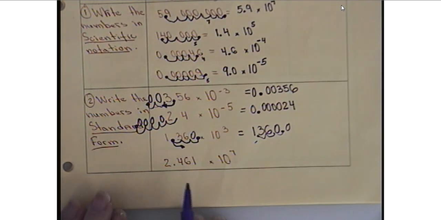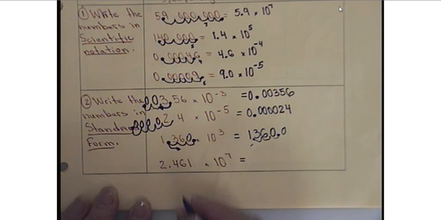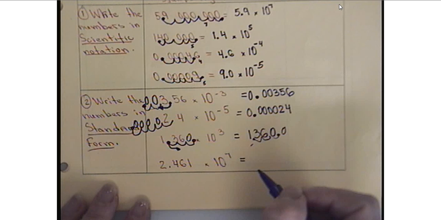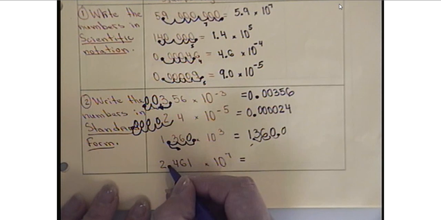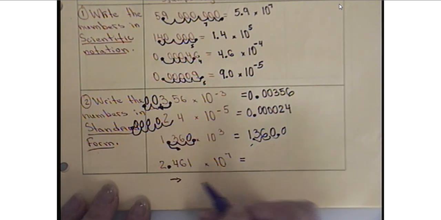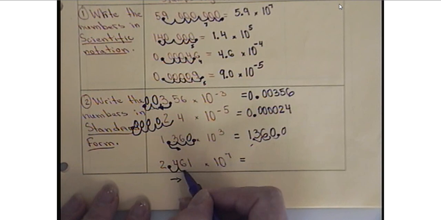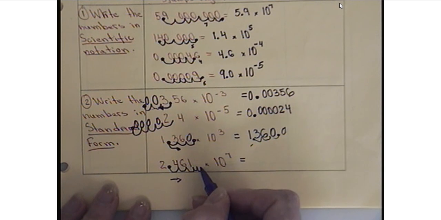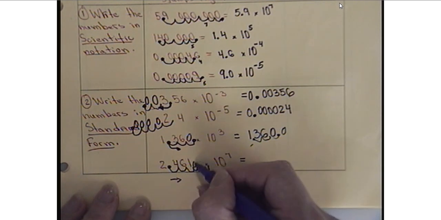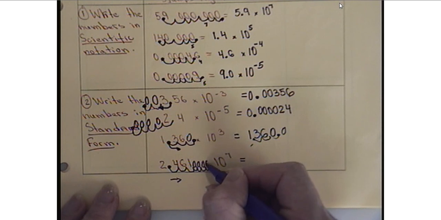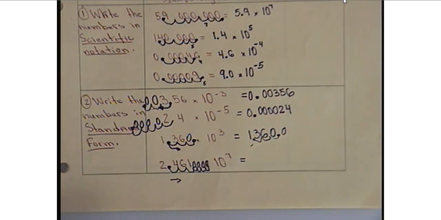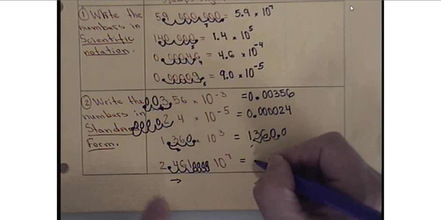The last example here is when we have 2.461 times 10 to the 7th. So 10 to the 7th shows us that this decimal point needs to move to the right 7 times. So we have 1, 2, 3, 4, 5, 6, 7. And because this is a little bit small, I'm going to write small zeros here. But this is what we need to get as a standard form answer.